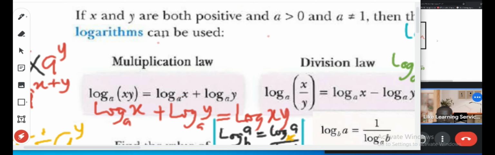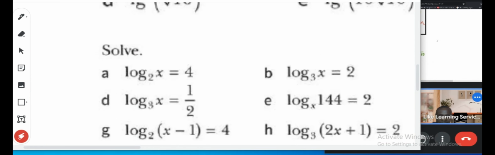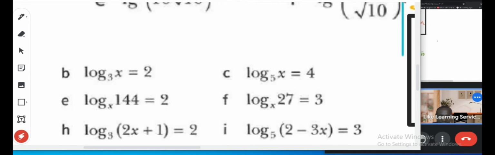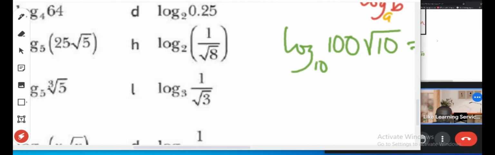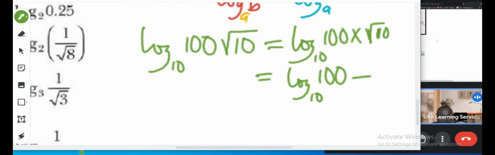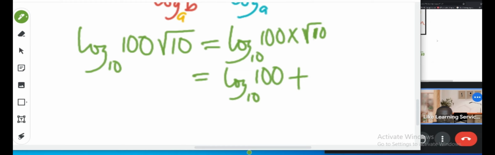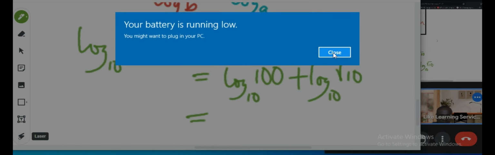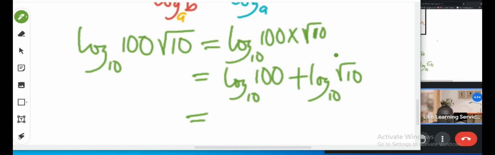You've seen it. So let's apply it there. So this thing becomes log in base 10, 100 plus log in the same base 10, root 10. Did you see that? Yeah. It makes sense. So simplify them one after the other. Let's simplify this one.